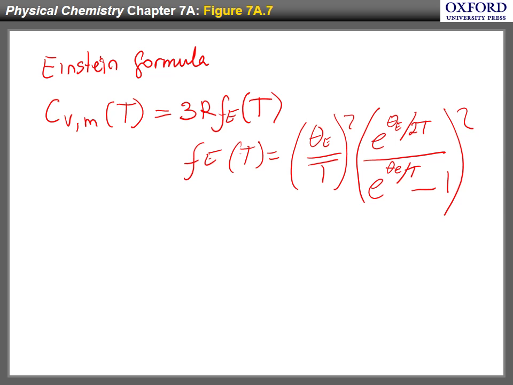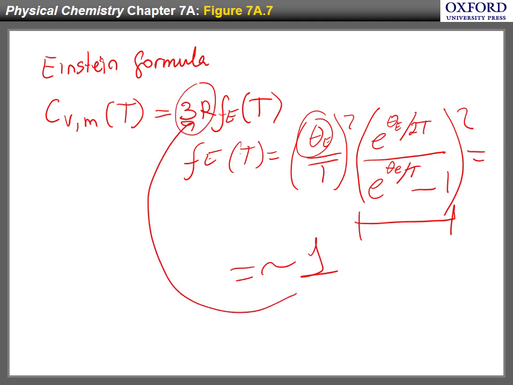Now, for temperature that is much higher than Einstein temperature, this whole thing becomes practically 1. So this is the contributing portion.